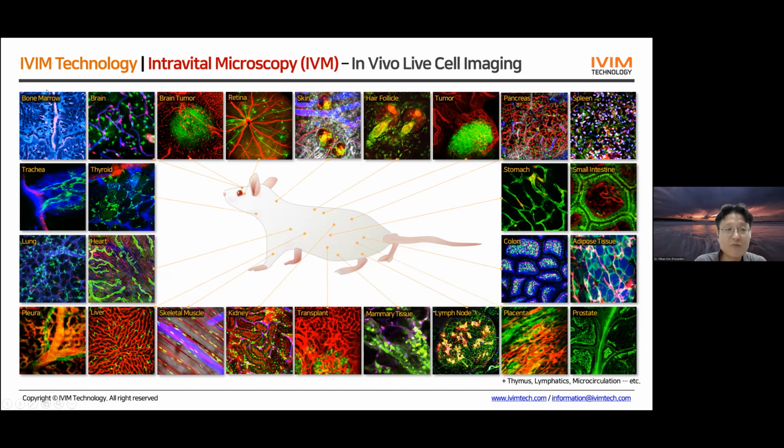As you can see, we have been able to image bone marrow, brain tumor, retina in the eye, skin, hair follicle in the skin, various tumor models, pancreas, spleen, GI tract, adipose tissue, prostate, placenta in a pregnant mouse model, mammary tissue, lymph node, kidney, muscle, heart, lung, and so on.